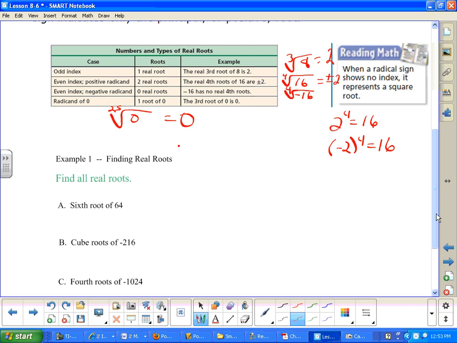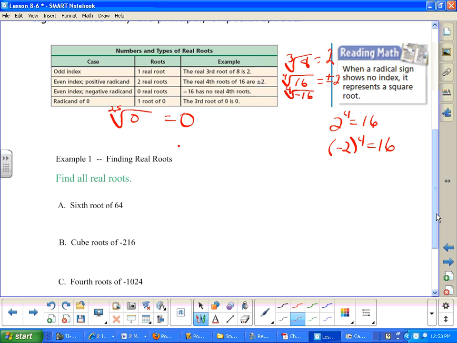So if it has an odd index, you can only have one real root. Even index, positive radicand, 2 of them. Even index, negative radicand, none. And a radicand of 0 is just 0.